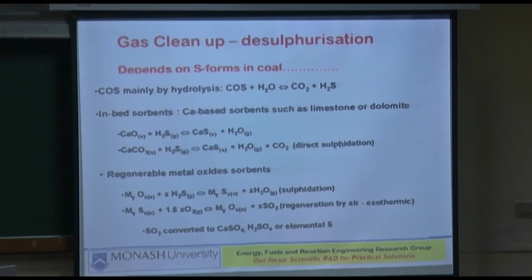The other 20% just goes out. So it's a huge loss. Why? It is mainly because the capture of gaseous sulfur species on solid calcium oxide is a kinetically driven gas-solid reaction.